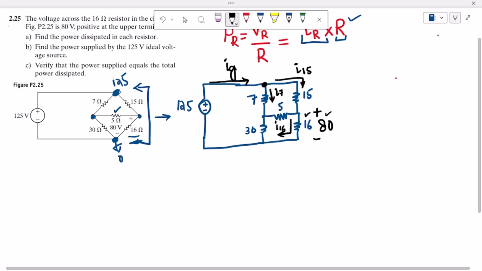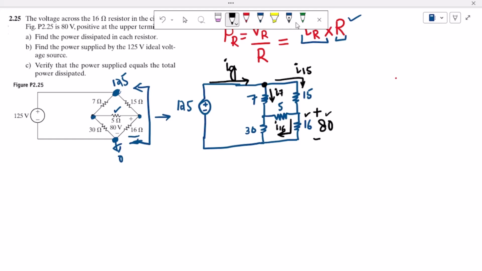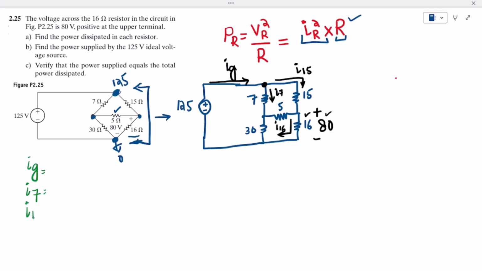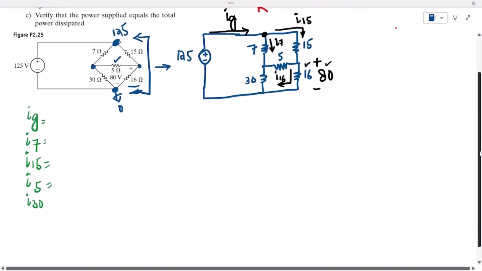So let me write here the quantities which I want to find out, for my own convenience. So I have to find out I of 6, similarly I of 7, I 15, and I of 5 as well, I 15, I 5, then I 30, and the last one is I 16.